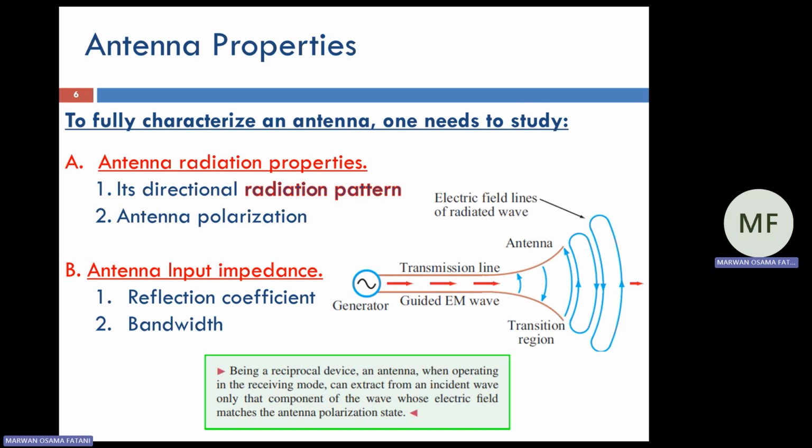Then there is the antenna polarization, which is the orientation of the electric field in the plane wave. At the antenna input impedance, we have the reflection coefficient and the bandwidth. By bandwidth, I mean the range of frequencies that the antenna can work with or handle.